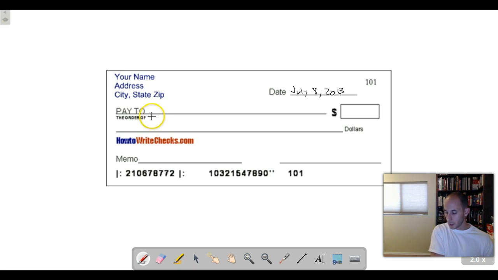Pay to, who we're writing a check to, it says Lowe Corporation. The amount, $83.76. Decimal points there.